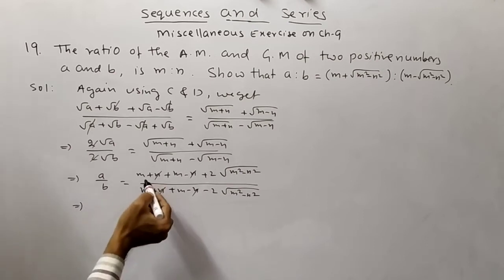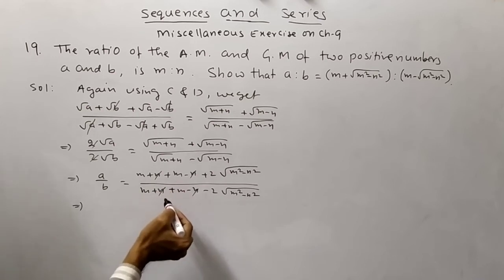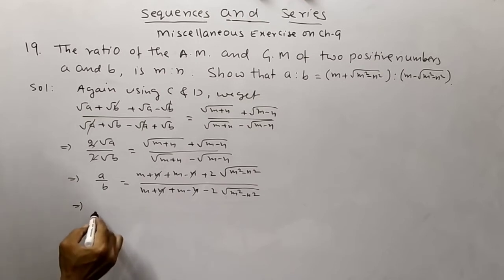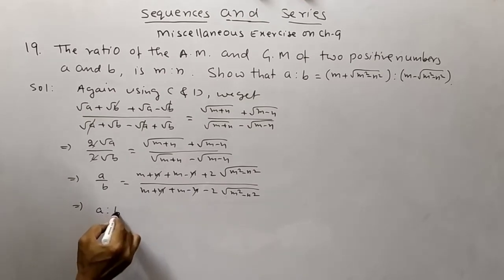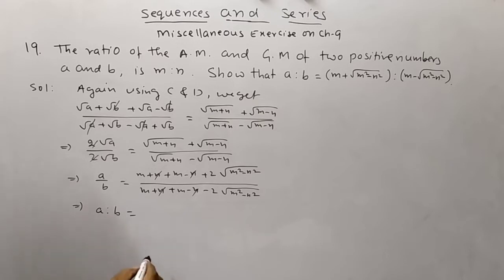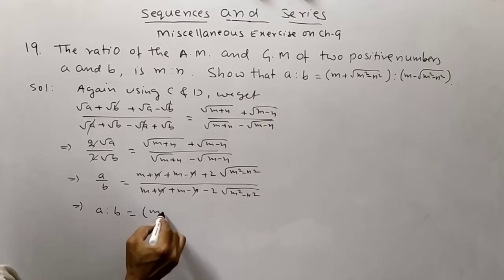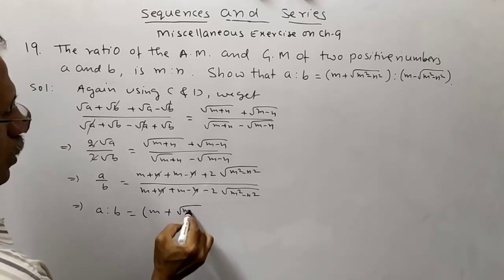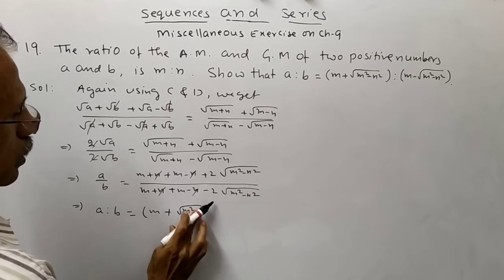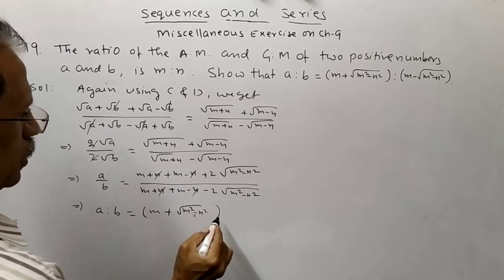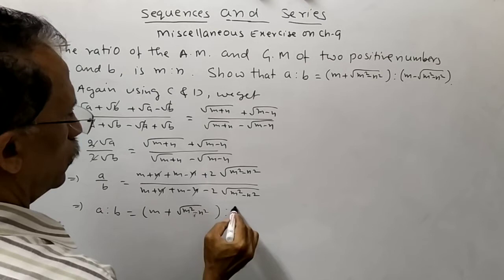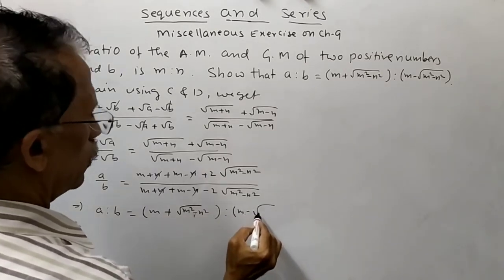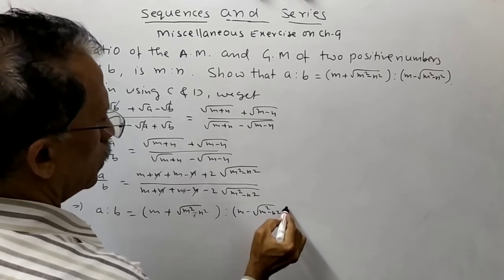This implies here we will get 2m, in the denominator also we will get 2m, so 2 we can take common and we can cancel, then we will get a is to b is equal to m plus square root of m square minus n square is to m minus square root of m square minus n square.